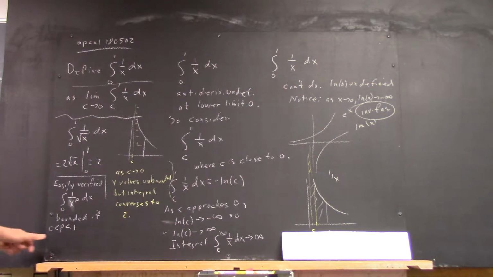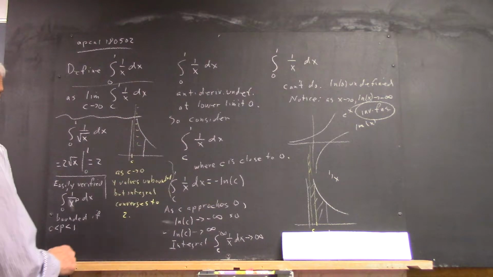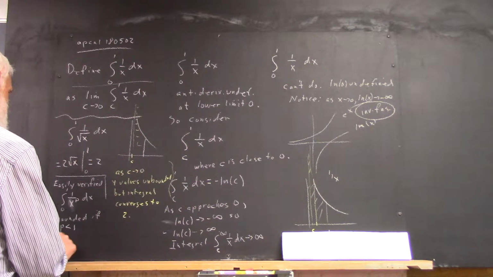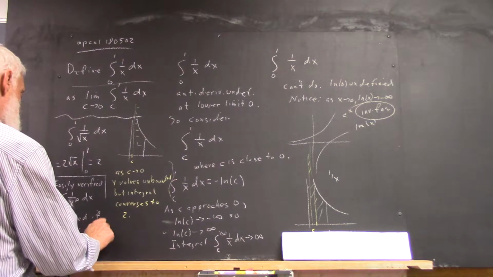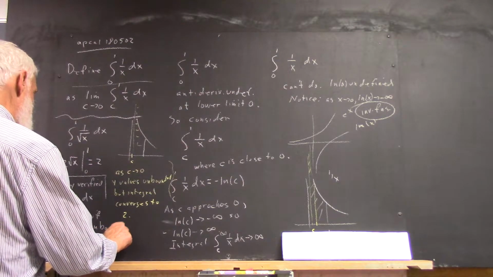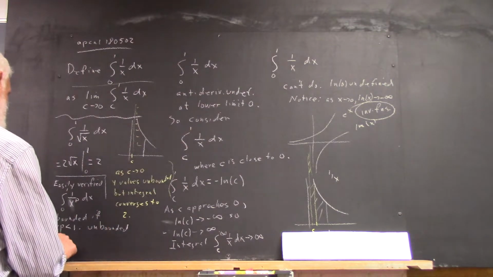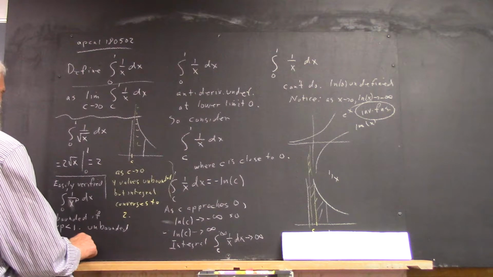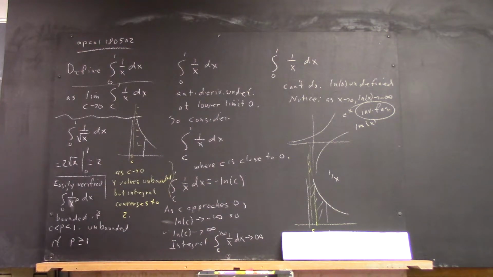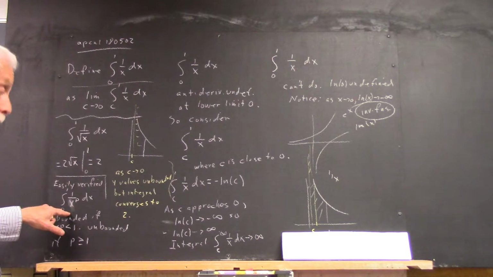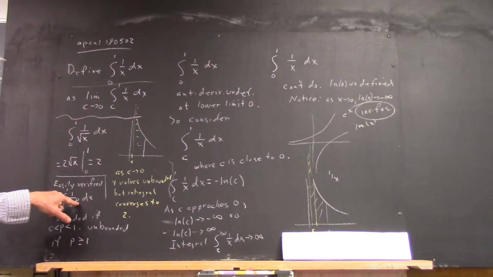And actually, you don't even have to say 0 less than p, but I'll say it anyway because we don't really write it this way if p was negative. Okay? And for p greater than or equal to 1, it's unbounded. The reason is, if you take 1 over the square root, that's like 1 over x to the 1/2, right?